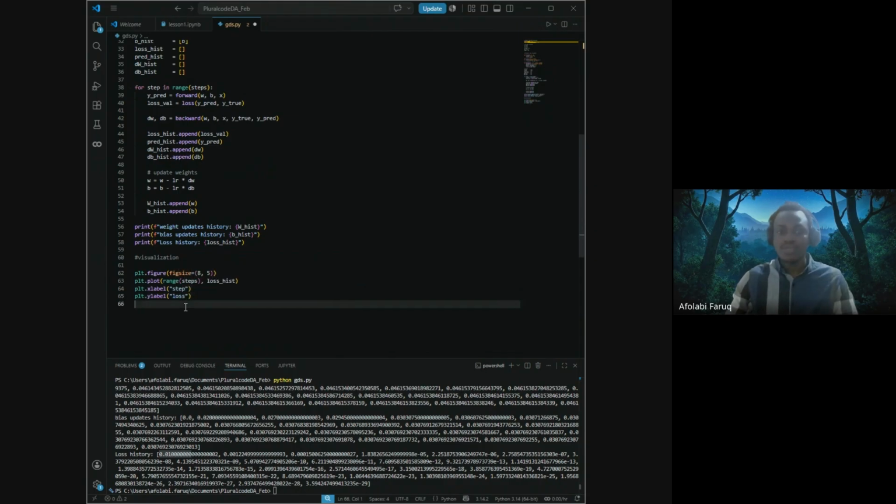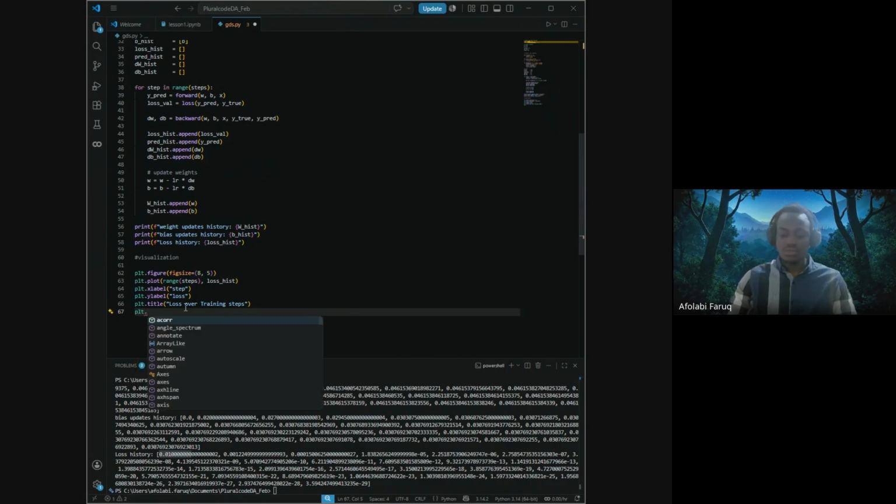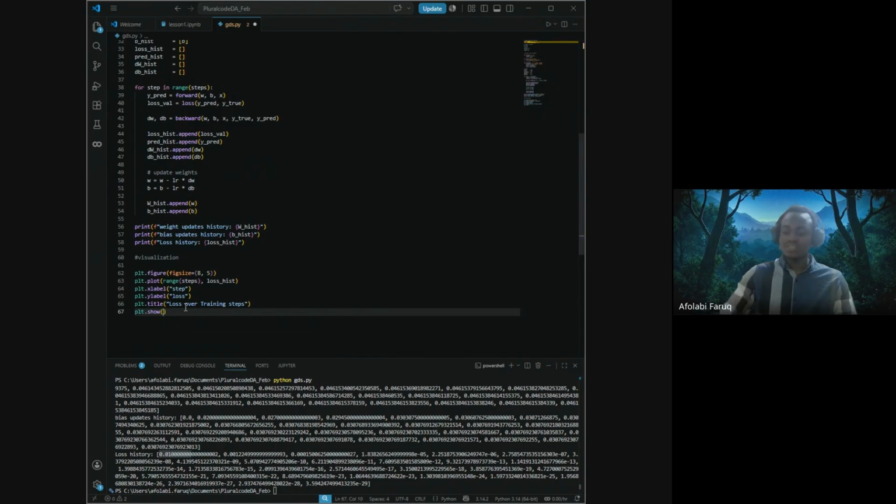And then we have the title, loss over epochs. I want to show a grid. Anyway, let's just say plt.show. Let's see if grid is necessary in the future.